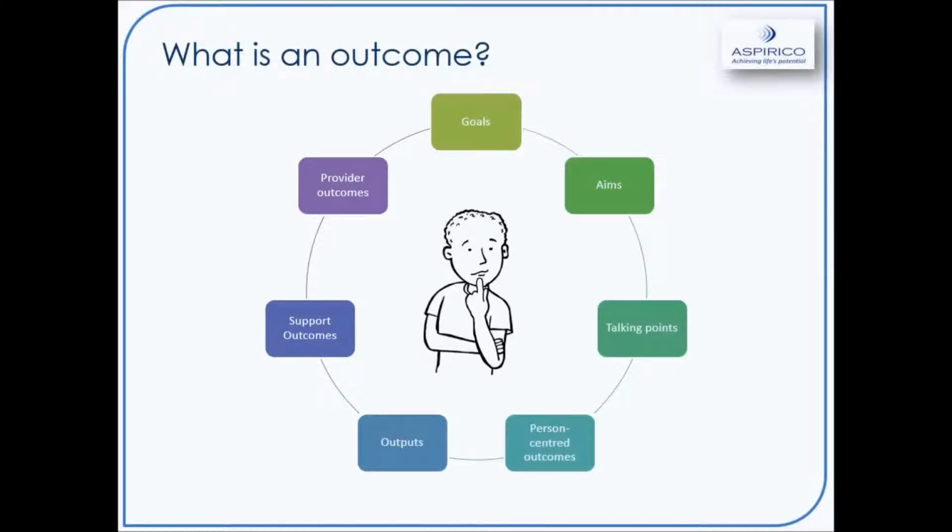Essentially, all these words describe the things that the person wants to achieve, their dreams, their goals, and their aspirations. We might use the term inputs to describe what we're doing to support the person to achieve these dreams, and we might use the term provider outcomes to describe any organisational goals we have around supporting people. Always at the centre is the person. Outcomes form the foundations of how we support people to live a more meaningful life.